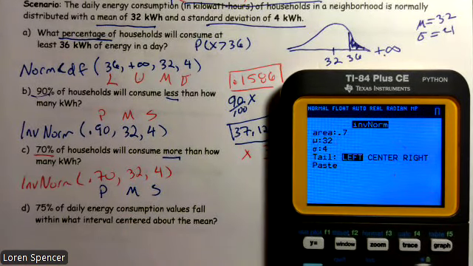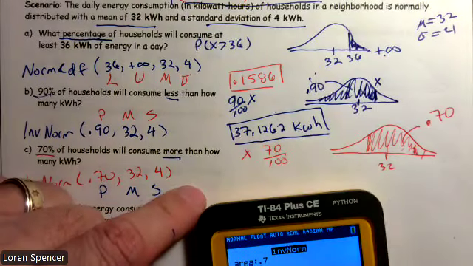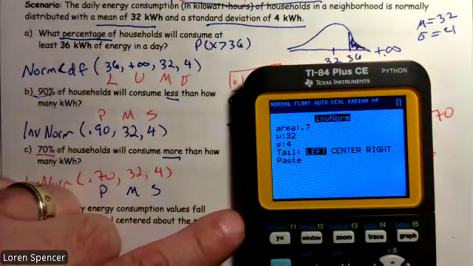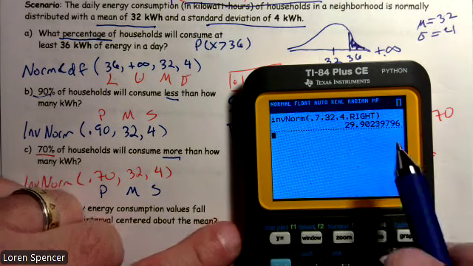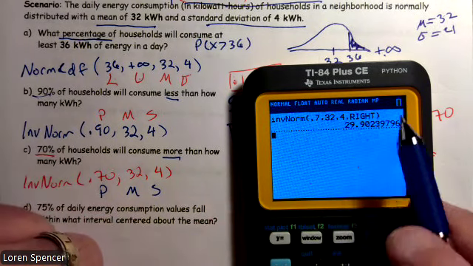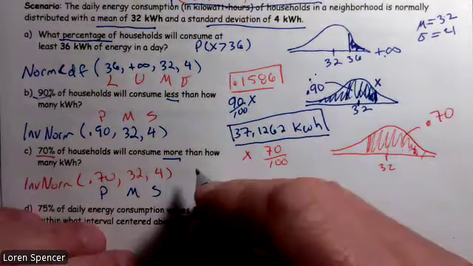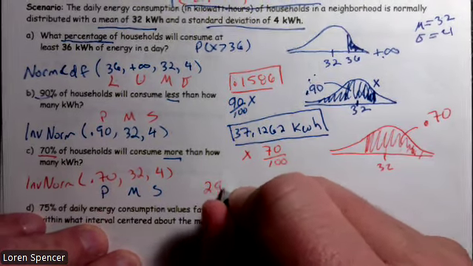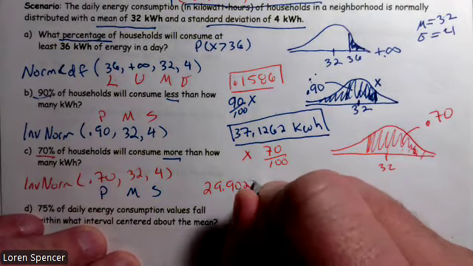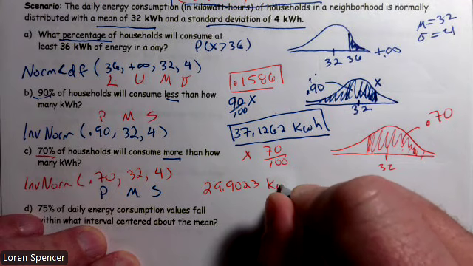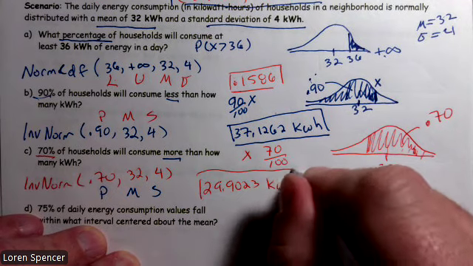Area is 0.7, mean of 32, standard deviation of 4. And we're shading from the right, so make sure right is highlighted. Press enter, and we end up with 29.9023. So 29.9023 kilowatt hours.